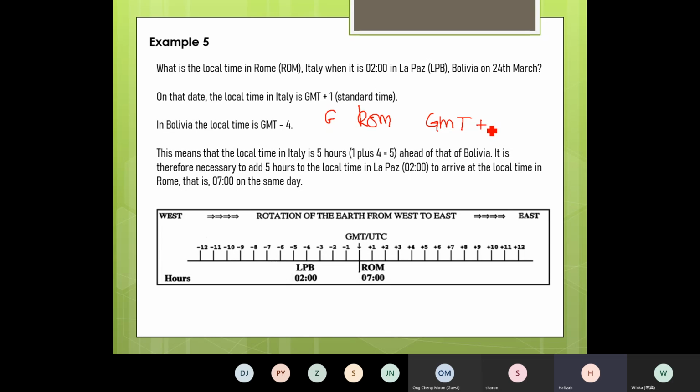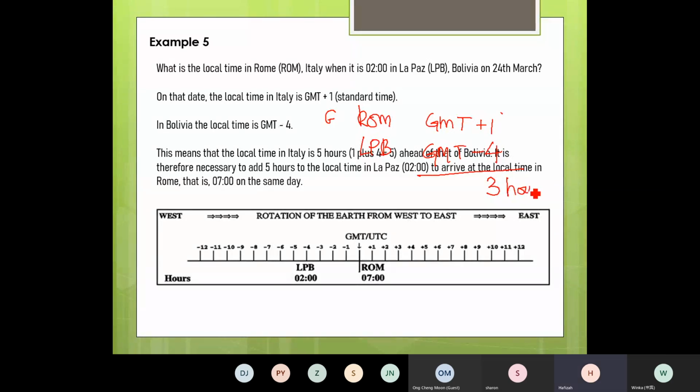But to help you, for your exam, I will give you the GMT, so you no need to remember. Italy is +1, and La Paz is GMT -4. So to see the difference, how many hours?